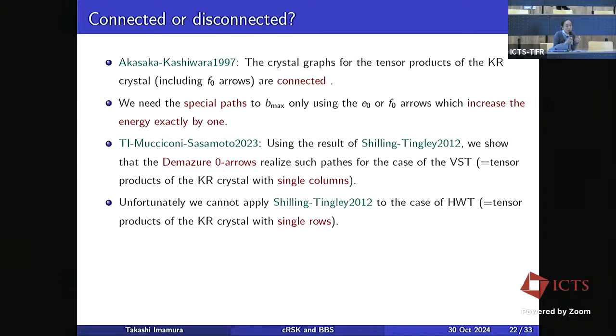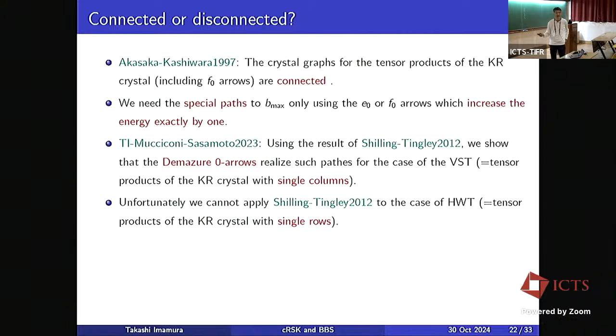If E0 and F0 increase the energy by 1, we can choose any of E0 and F0, as long as we have these conditions. I see. Maybe we should discuss later. Okay, sorry. It's very complicated.